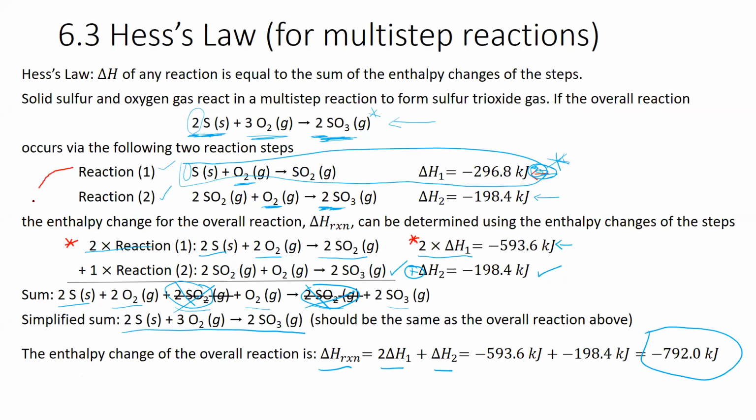So when I did that, it was times 2. And if I take this, bring it down there, that's also got to be times 2, which says that if we manipulate these equations, we need to figure out what we have to do to the enthalpy in order to get them to work properly.